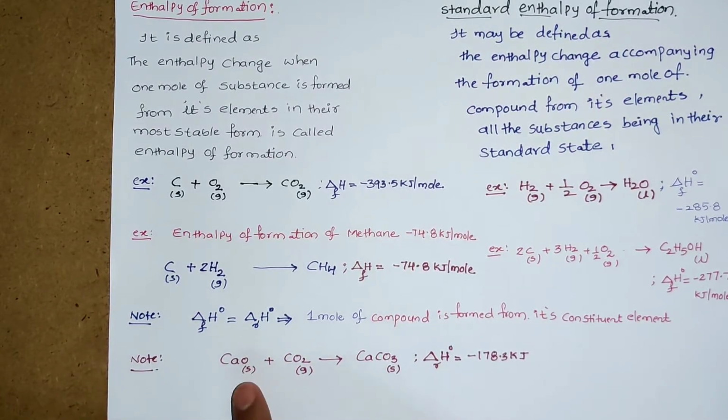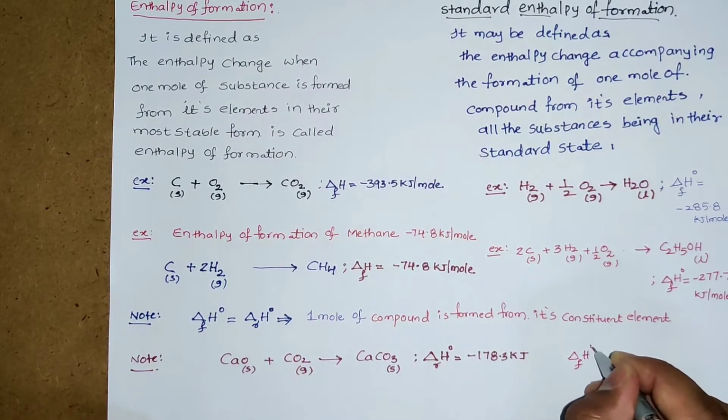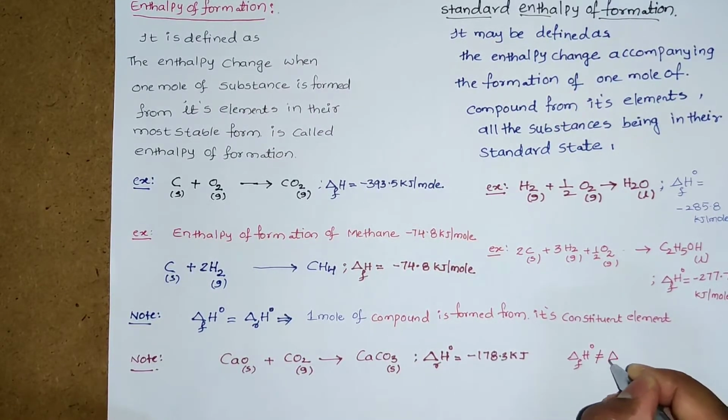But what do they write here? Calcium oxide and carbon dioxide. Are these two the most stable form of its elements? No. So that's why in this case, the enthalpy of formation is not equal to the enthalpy of reaction.